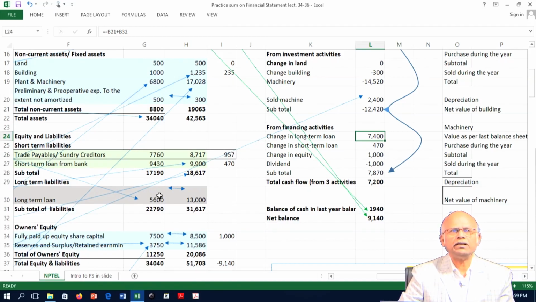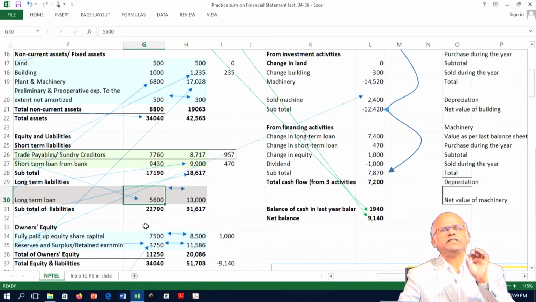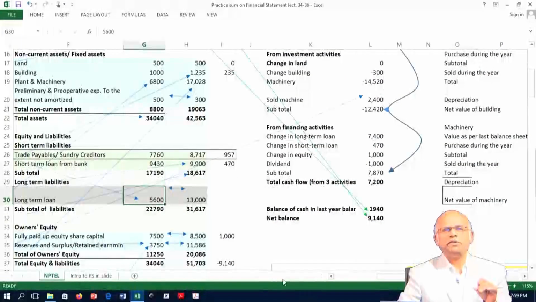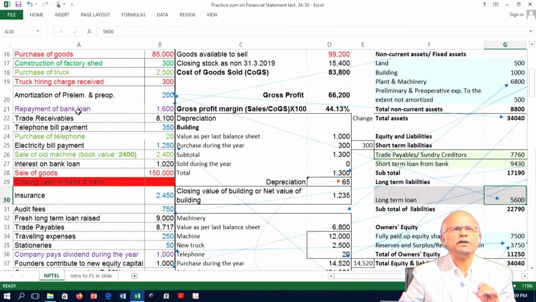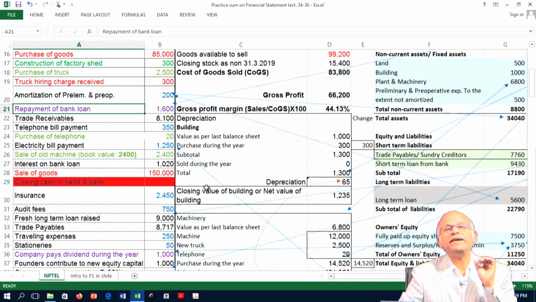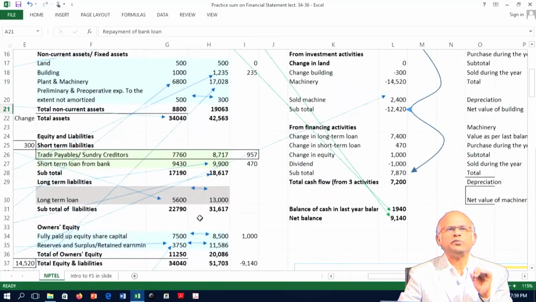Long term loan earlier year it was 5,600. You have to see whether you have repaid any loan. If you remember, we have repaid 1,600 rupees of loan in the current year. So, you have to deduct that because the loan outstanding has gone down by 1,600 rupees. So, 5,600 minus 1,600 becomes 4,000.